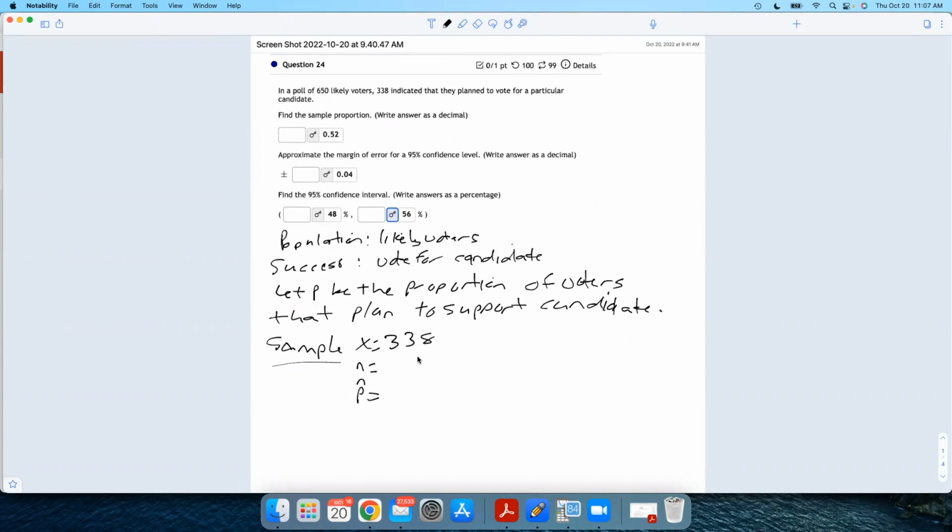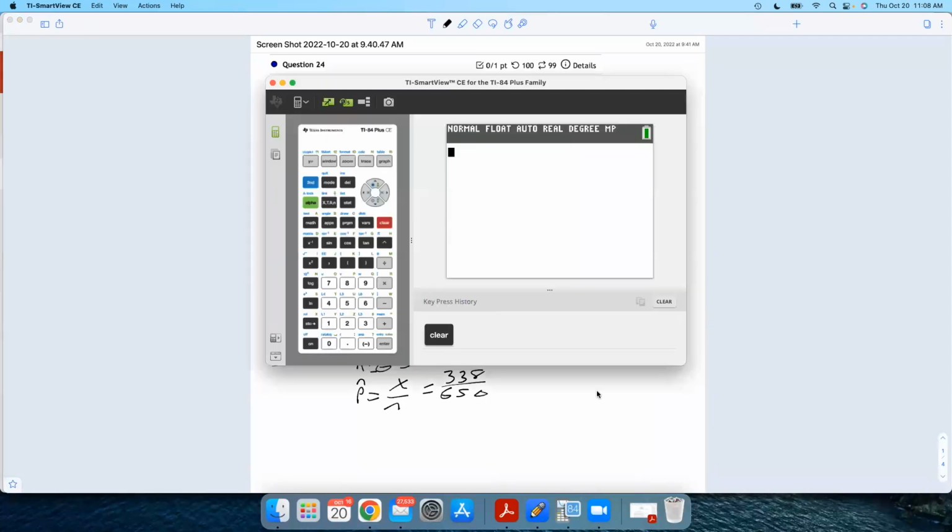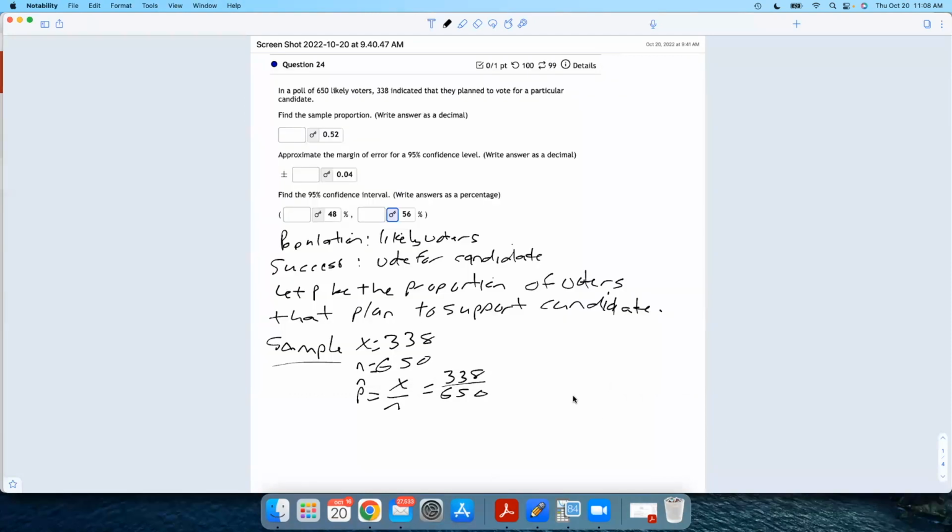N is, literally since day one, the sample size, 650. P hat is always X over N. So what do we get there? 52%.